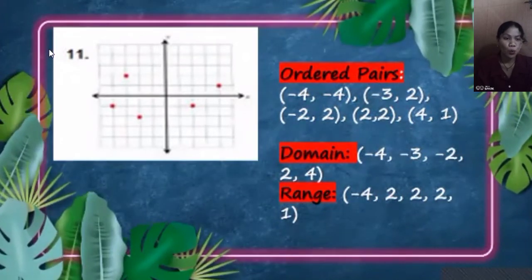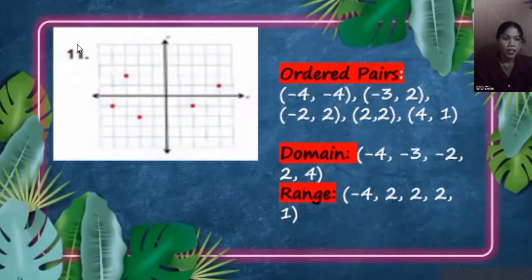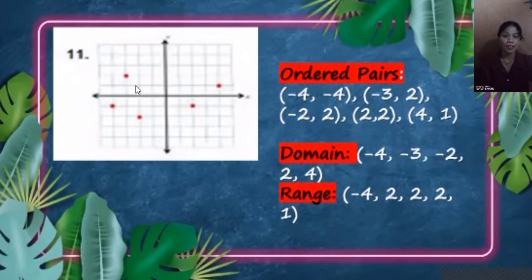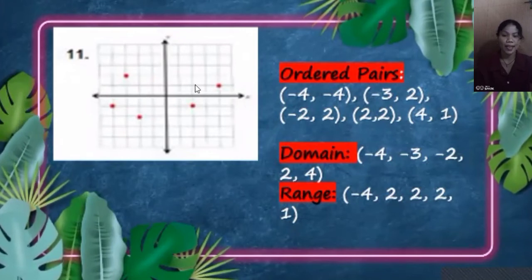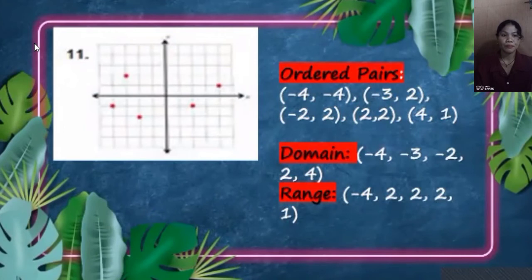And negative 2 is the domain, and 2 is the range. 2 and 2, and 4 and 1. So the domain is 4, negative 4, negative 3, negative 2, 2 and 4, and the range is negative 4, 2, 2, 2, and 1.